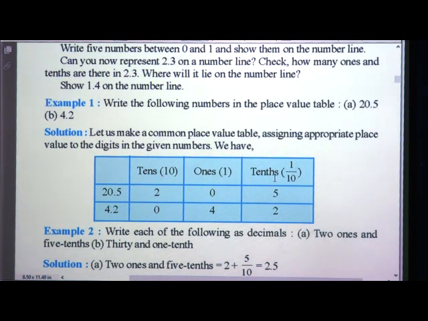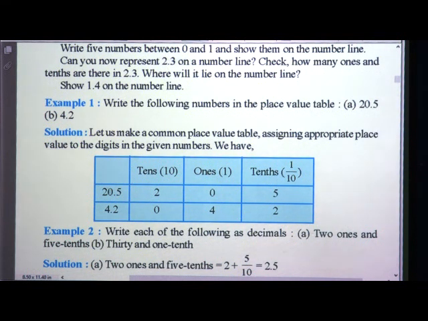Okay, tens. So 2 is in the tens place, so we have written here 2. In the ones place we have 0, so we have written 0, and in the tenth place we have 5. It becomes 5 by 10.